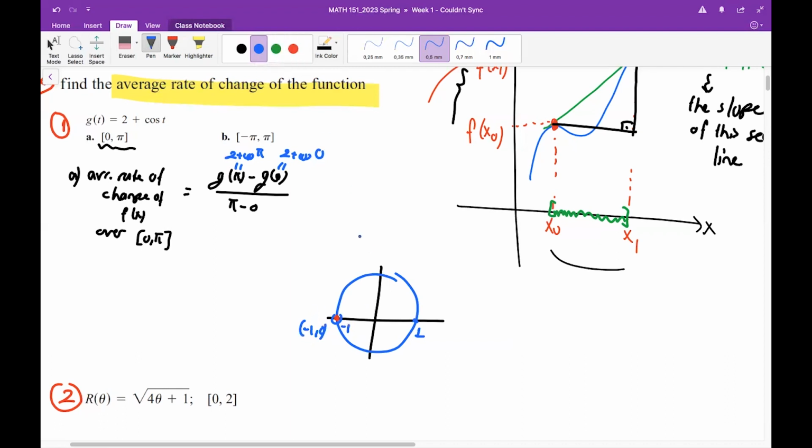And this point, if you measure the angle starting from x-axis, corresponds to pi measure. So this is how you use the unit circle to find the values of certain trigonometric functions. The x component gives you the cosine value of this angle, and the y component 0 gives you the sine value of that angle. Okay, so cosine pi is minus 1 from the unit circle.